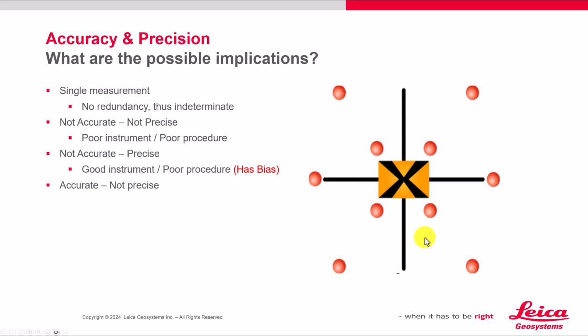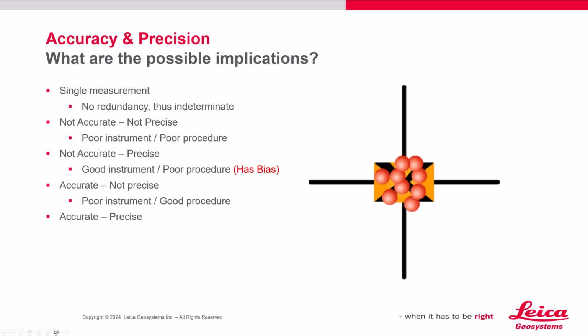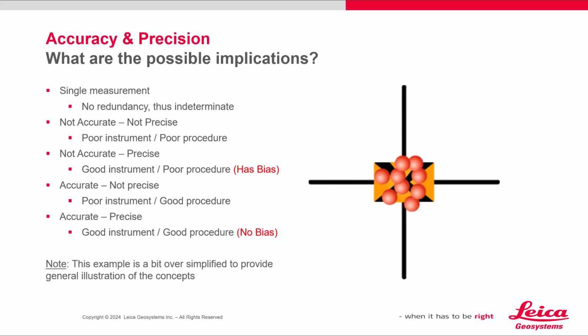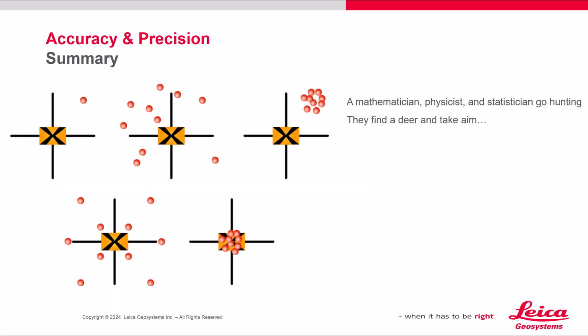You do a good procedure, but you have a poor instrument, but you come up with a good result. So if you took the average of all these, they would hit the bullseye. What we're searching for is accurate and precise. Both end up causing you to hit the bullseye. Good instrument, good procedure, no bias. Little oversimplified, but this is the general concept.